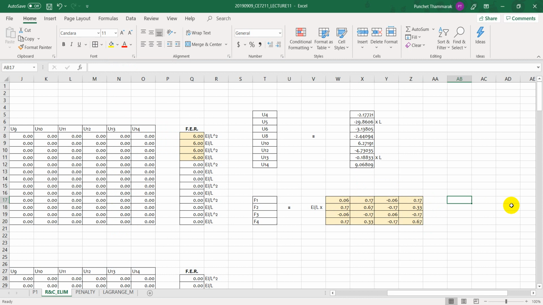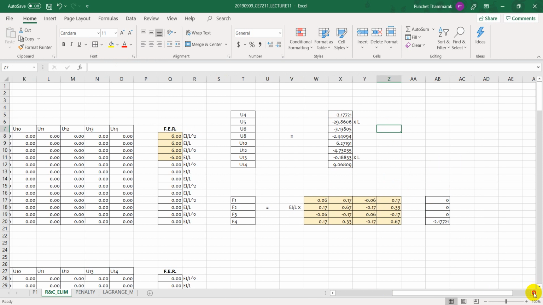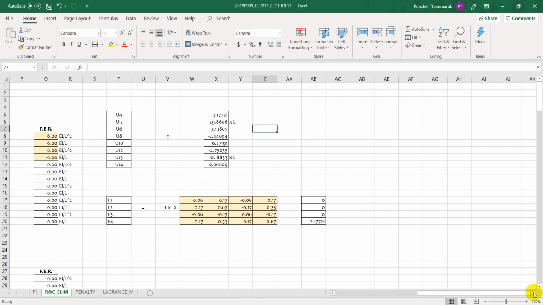Then U1 is 0, U2 is 0, U3 is also 0, and U4 is this quantity. Right, so now we are coming back to that fundamental equation again, but we do it one by one.